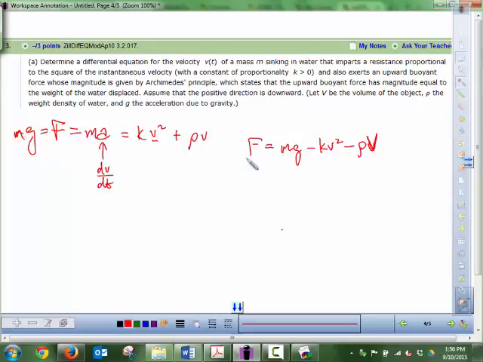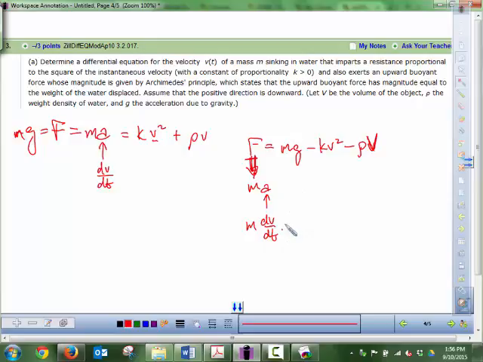And then the force is equal to mass times acceleration. But I think we need the acceleration part. So the force equals mass times acceleration, and the acceleration is your dv/dt.